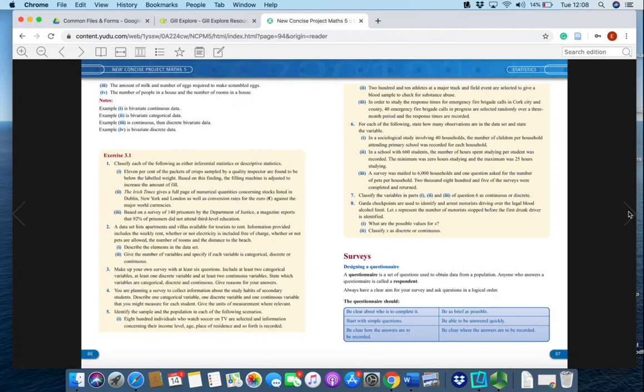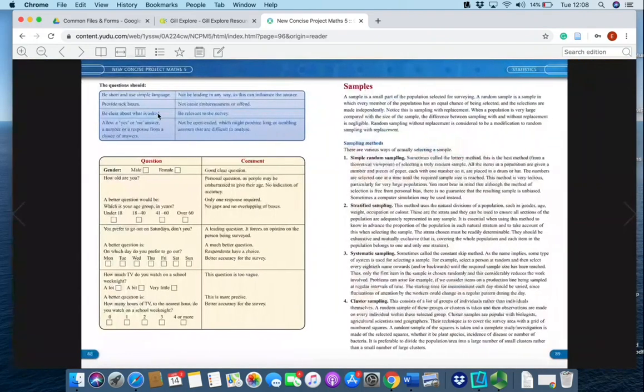It should be clear where the answers are to be recorded. It should be short and use simple language. It should provide tick boxes. It should be clear about what is being asked. It should allow a yes/no answer. It should not be leading. So in other words, you can't ask questions like, isn't Coors Light a lovely beer?